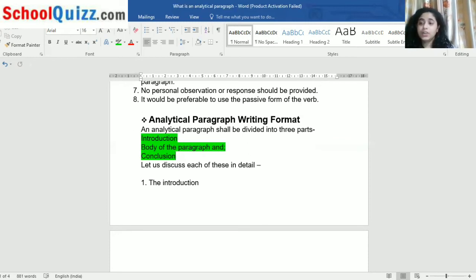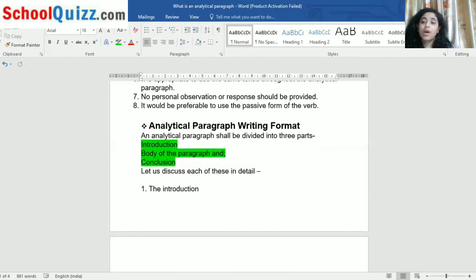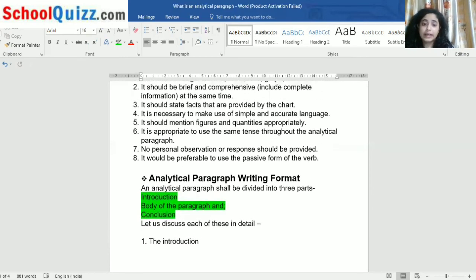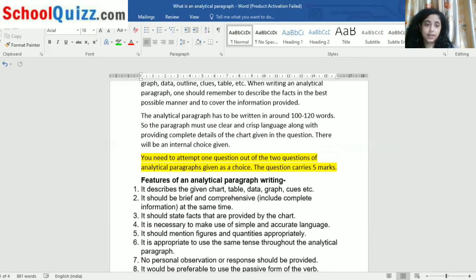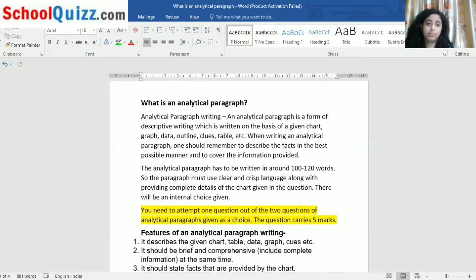So we have done features, we have done meaning, and in short, the format of analytical paragraph writing. We'll just revise again so that you'll remember.